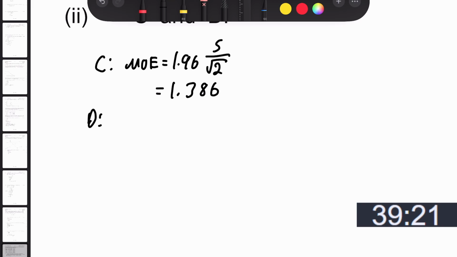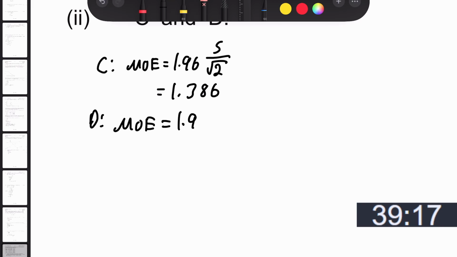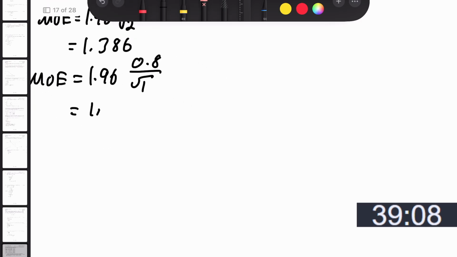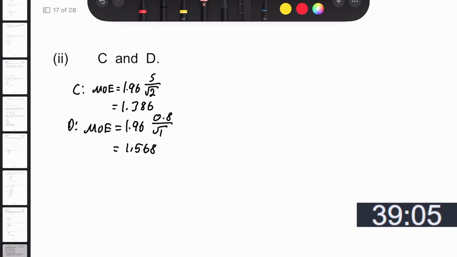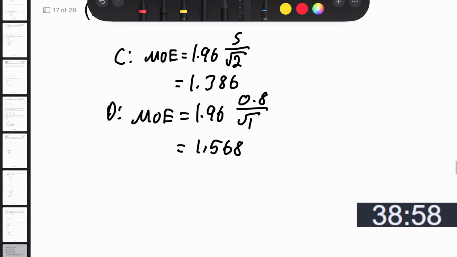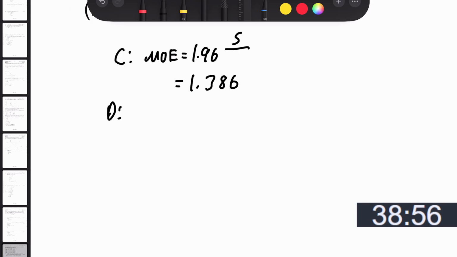So then for D, margin of error is going to equal 1.96 times 0.8 on square root of 1. So 1.96 times 0.8 is 1.568. Actually, wait, let's do this. Square root of 2n. So this would be s on square root of n.